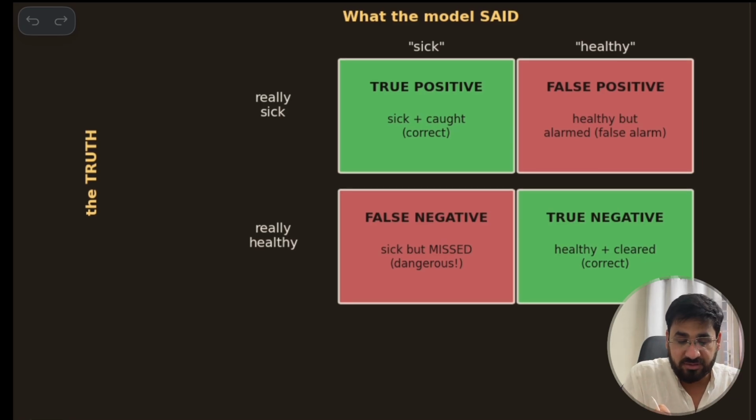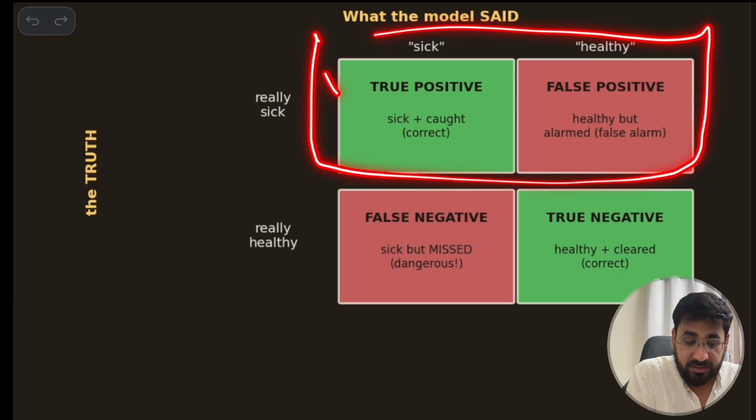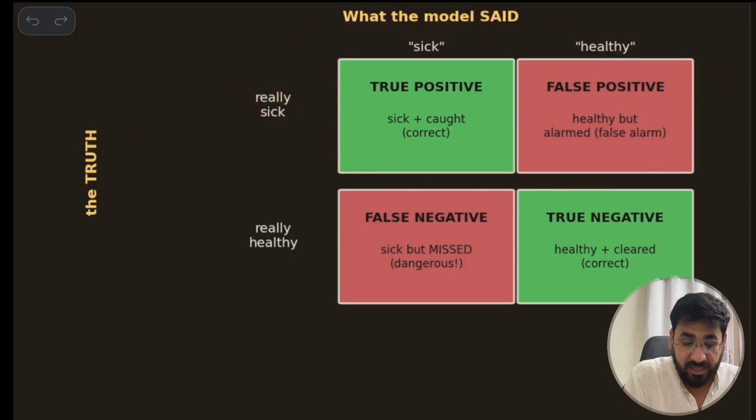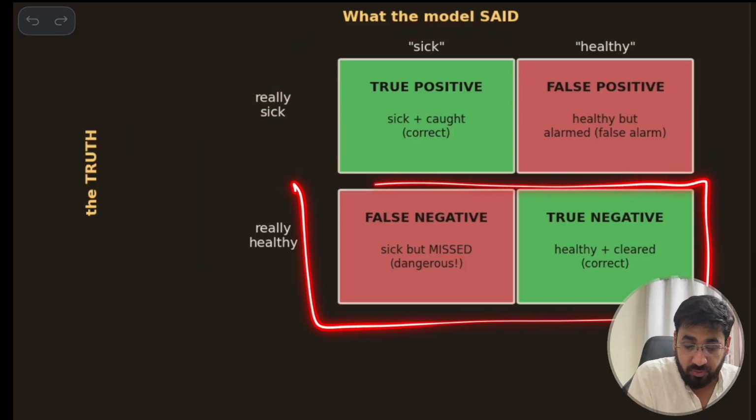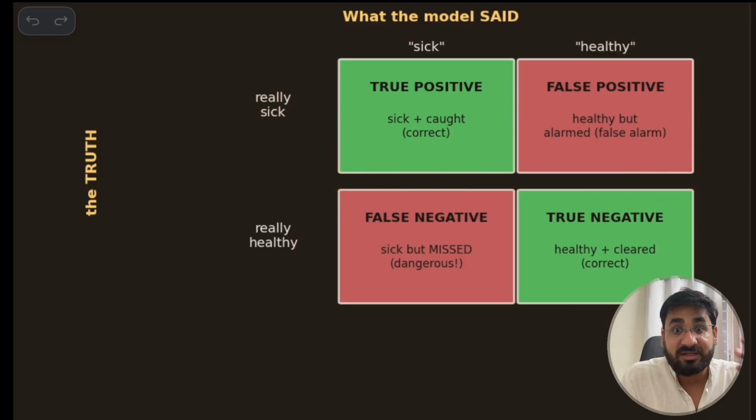If you follow this, you actually understand what is actual accuracy and whether the model is lying to you or not. It has 4 things. The upper layer is what the model tells, and the lower bottom two is what the reality is.